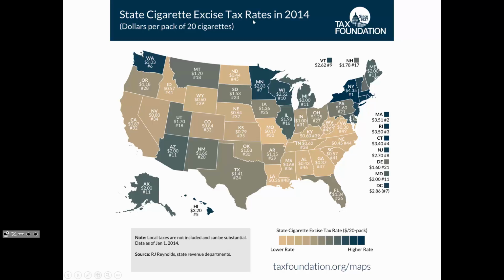Not as much as they pay in New York. In New York, each pack of cigarettes has a tax of $4.35. And in New York City, they have another tax on top of the state tax, a city tax of I think $2 or $3 a pack. So a pack of cigarettes in New York City is like $9 or $10.